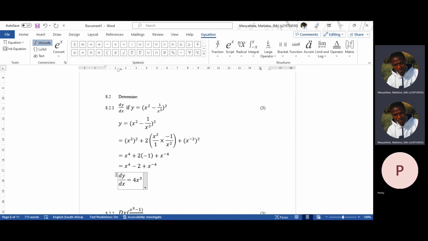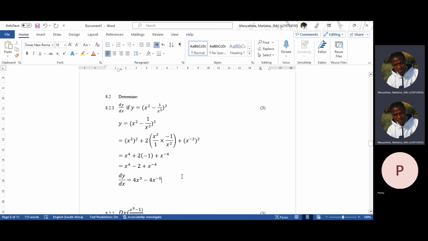The derivative of a constant is always 0, so we're not going to do it. Negative 4 will come down to multiply x, so we have minus 4x, and then from the exponent negative 4 we subtract 1. Negative 4 minus 1 is equal to negative 5. So that is your derivative.